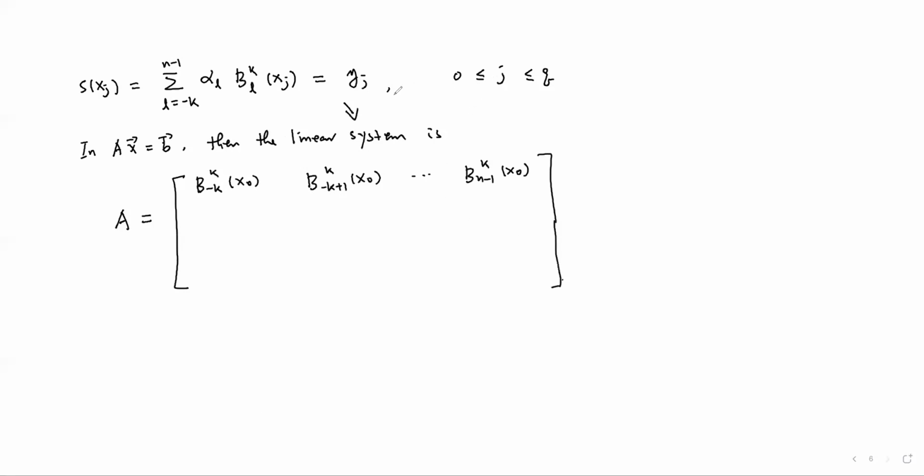The second row corresponds to j being 1: B_{-k,k}(x_1), B_{-k+1,k}(x_1), up to B_{n-1,k}(x_1), and so on. The last row, the bottom row, corresponds to j being q.